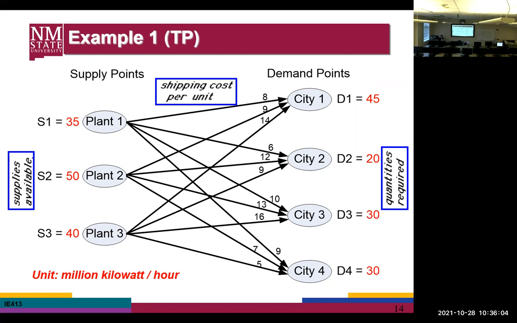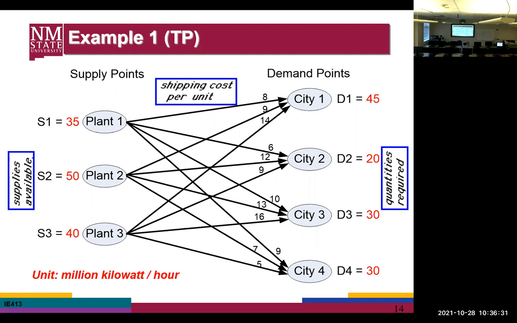And the power company has three electric power plants that supply the needs of four different cities. For example, power plant number 1 can supply 35 million kilowatts per hour, and power plant number 2, in this case, can supply 50 million kilowatts per hour.